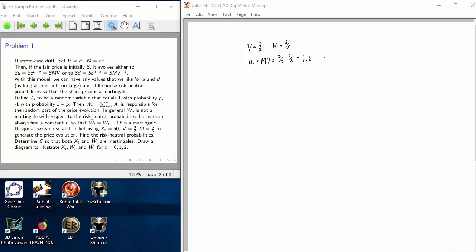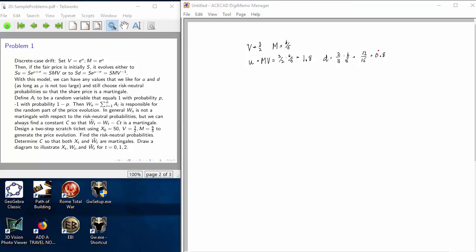If the share does not do well, it gets multiplied by d, which is the inverse of v, 2/3 times 6/5, which is equal to 12/15, or 0.8.